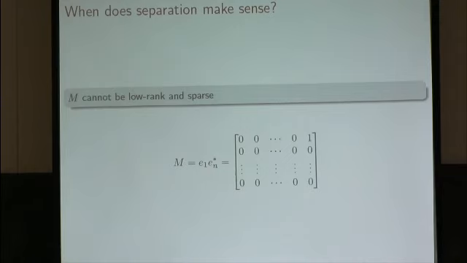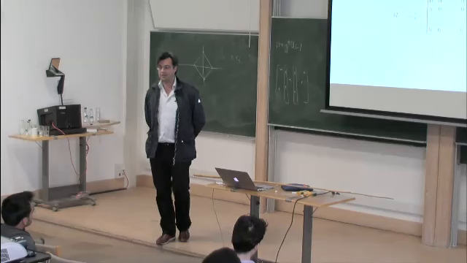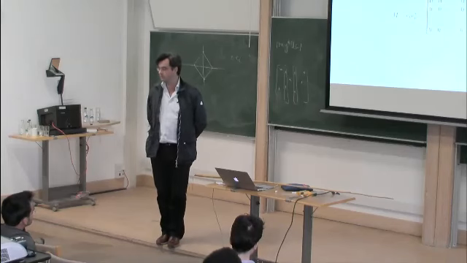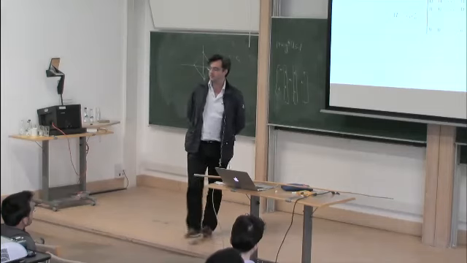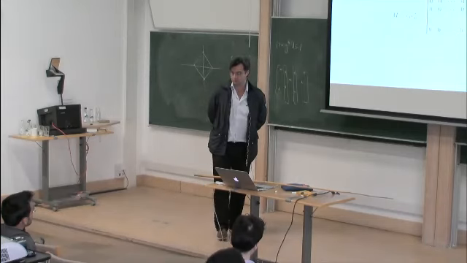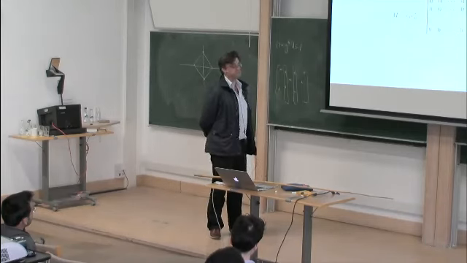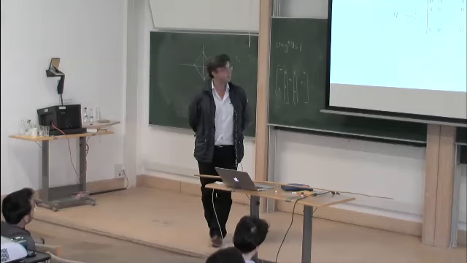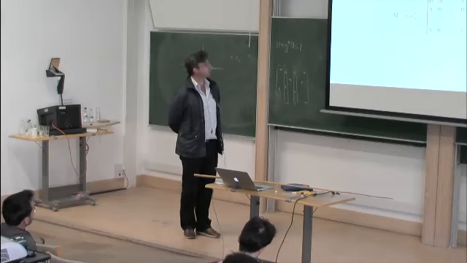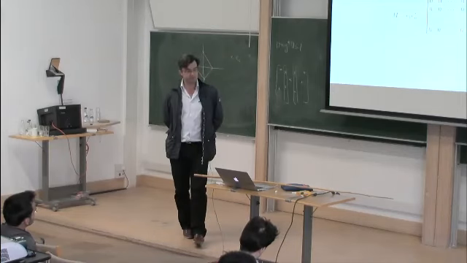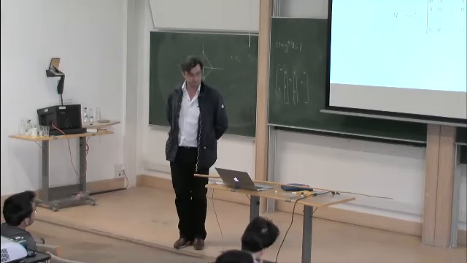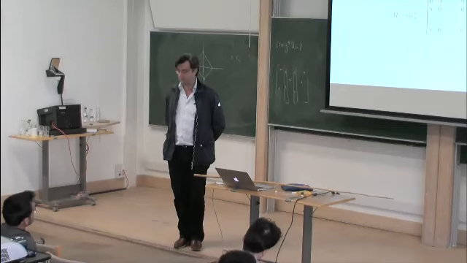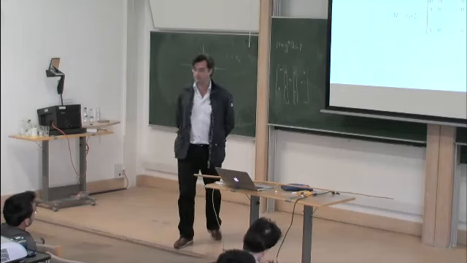You prepare a matrix M like this and give it to me, and I have to extract its low rank component and its sparse component, and that's going to be very difficult because this low rank matrix is both low rank and sparse. We cannot have a matrix which is low rank and sparse. In such a situation the problem makes absolutely no sense, and so we're going to have to put some conditions for identifiability.